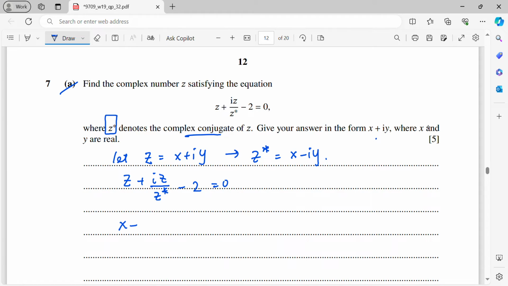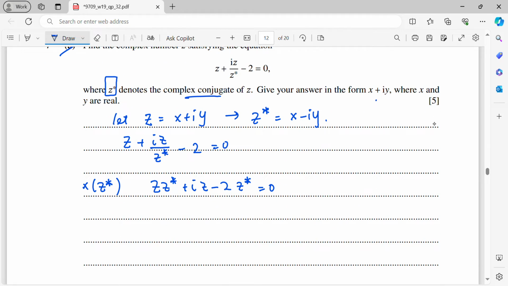Before this, I will just multiply first, because after I multiply, then only I change to x and y. So I times the conjugate to the whole equation. So I will get complex number times conjugate plus i complex number minus 2 of the conjugate equals to 0. Then now I will replace.